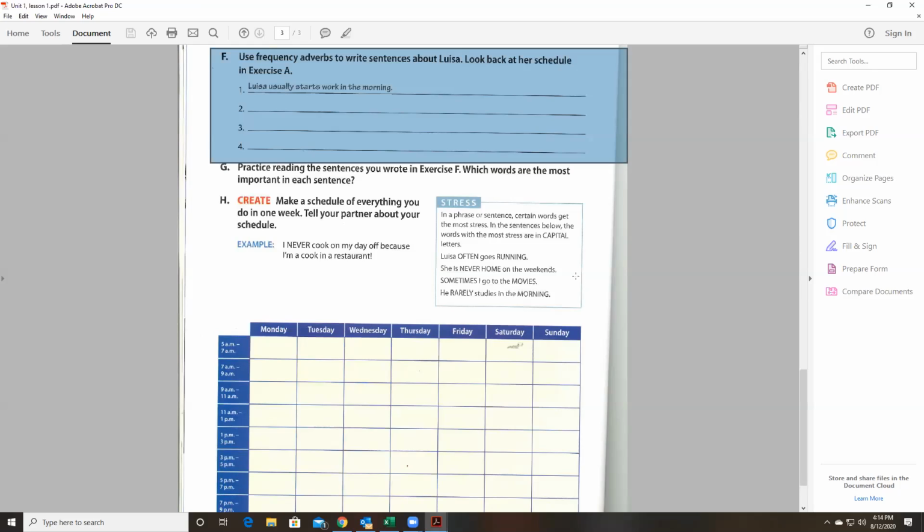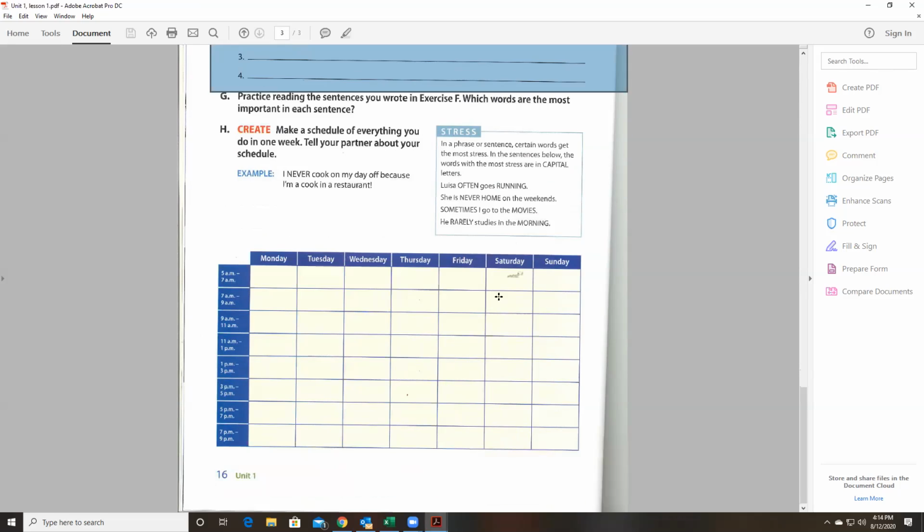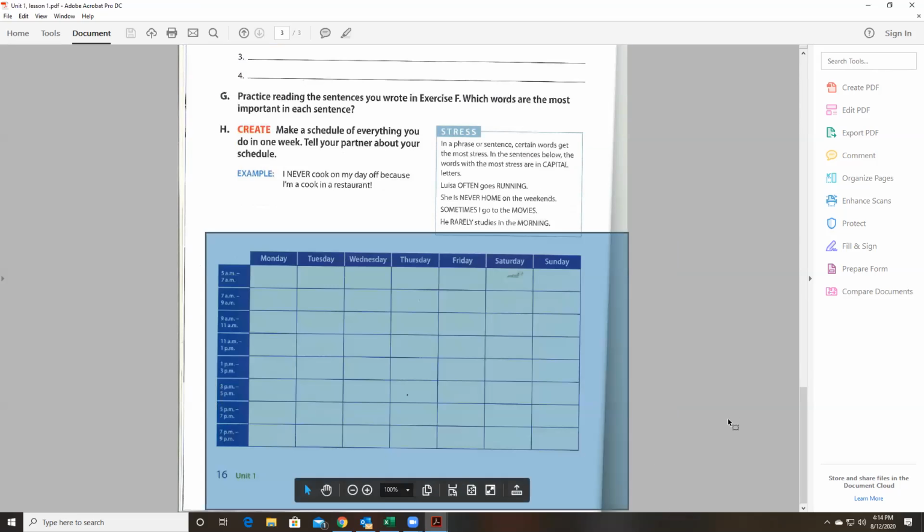Now we're going to skip G, excuse me, but let's look at H. It says make a schedule of everything you do in 1 week. I know it says to tell your partner, but we don't have a partner, so I'm not going to worry about that. But I do want you to fill out the schedule because I want to see what it is that you do every week. I want to be able to figure out routines.